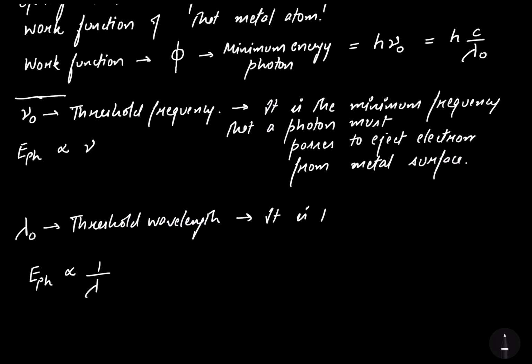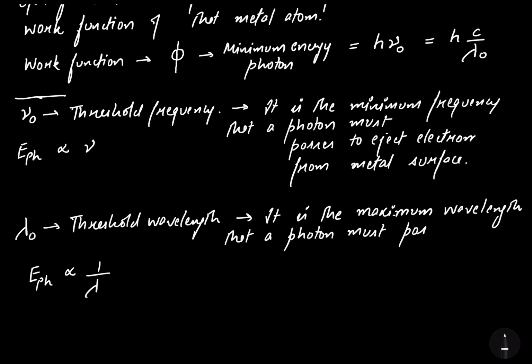It is the maximum wavelength that a photon must possess to eject electron from metal surface.